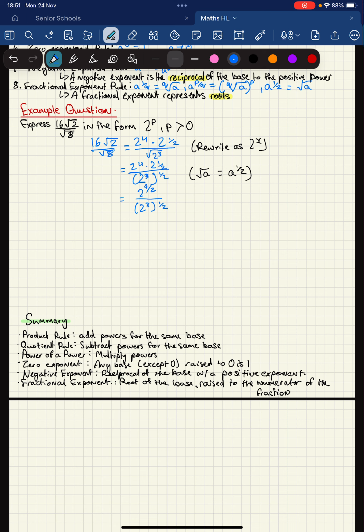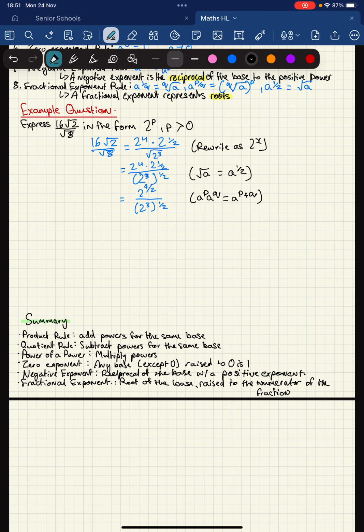Now, the rule we're using here is one of our rules above. Try to identify which one. It's your a^p times a^q equals a^(p+q). So we're just adding the powers, keeping the base the same.